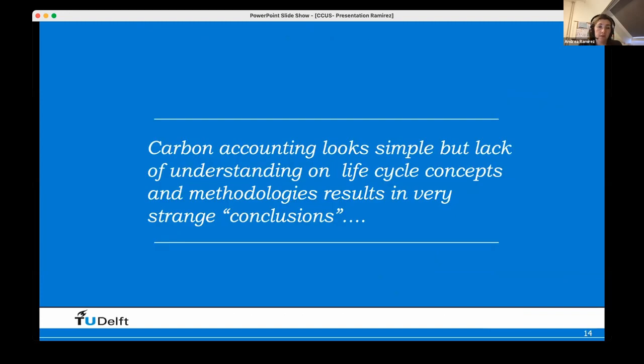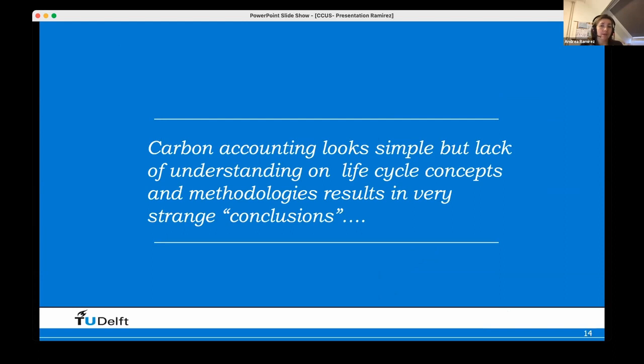The other point that I would like to point out is that in the whole field of things that need to happen, all the chemistry that needs to happen, carbon accounting just looks like the most simple thing. How difficult could it be to account your carbons throughout the life cycle?